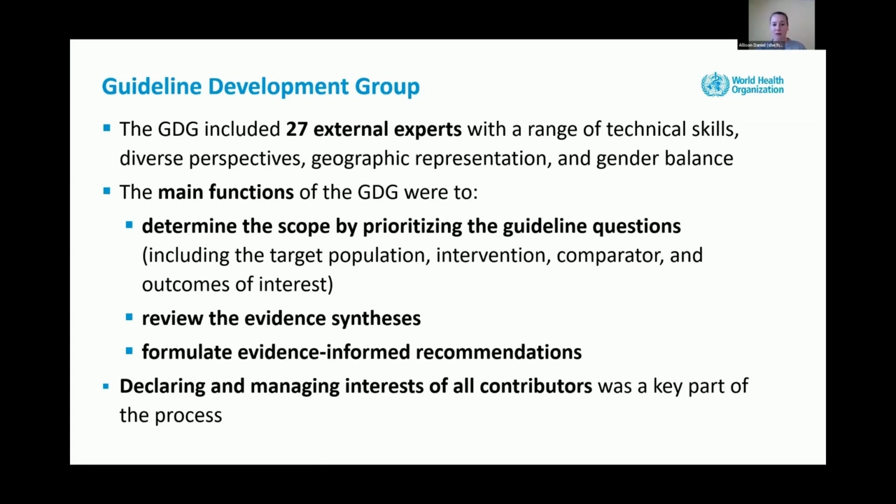There are many potential additional questions that should be addressed in WHO guidelines that could not be covered, and we really had to look at the most pressing needs. The GDG then reviewed evidence syntheses or systematic reviews and formulated evidence-informed recommendations based on the evidence available. And importantly, declaring and managing interests of all contributors was a key part of the process.